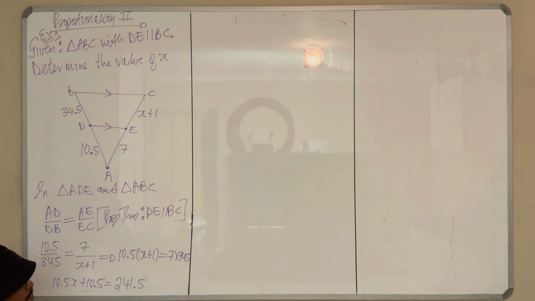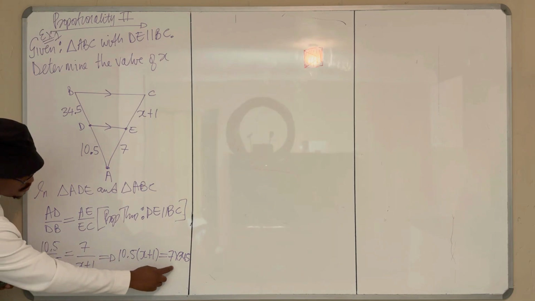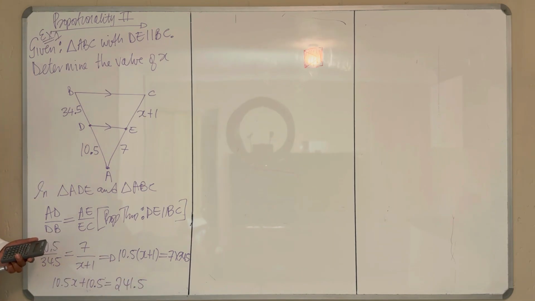Right? Yes. It's the same. It's okay. So this times this, just multiply 7 times 34.5. Is it 241.5? Yes. Okay.